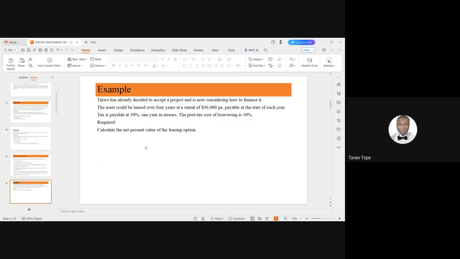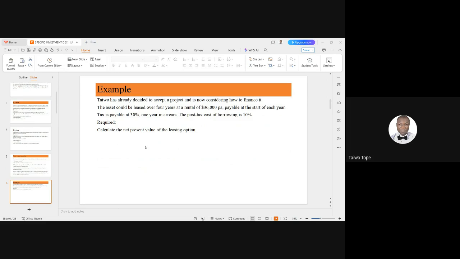So this is a case of annuity due. And the tax rate given is 30%. So tax payment timing is 1 year in arrears. The discount rate, that is, post-tax cost of borrowing, is 10%. So we need the NPV of leasing, that is the present value of net cash outflows after tax.